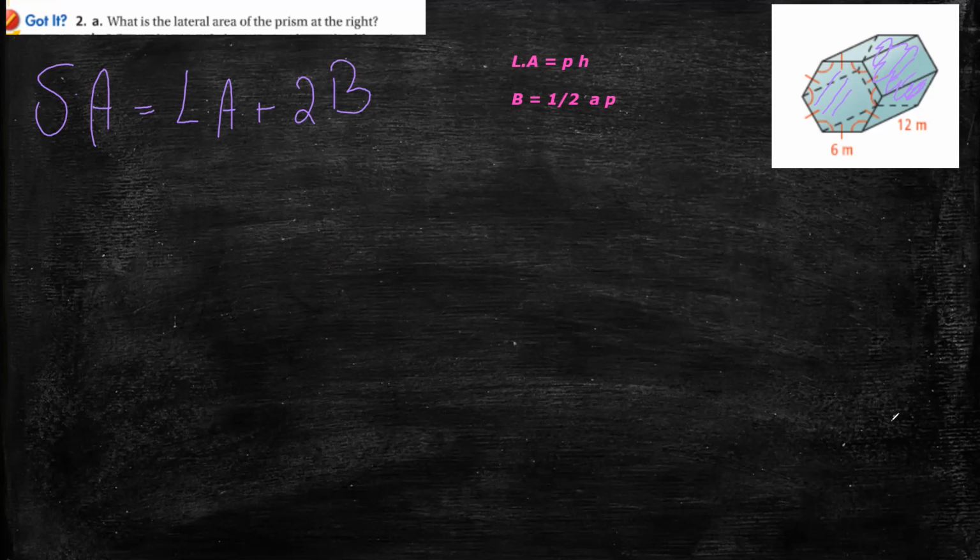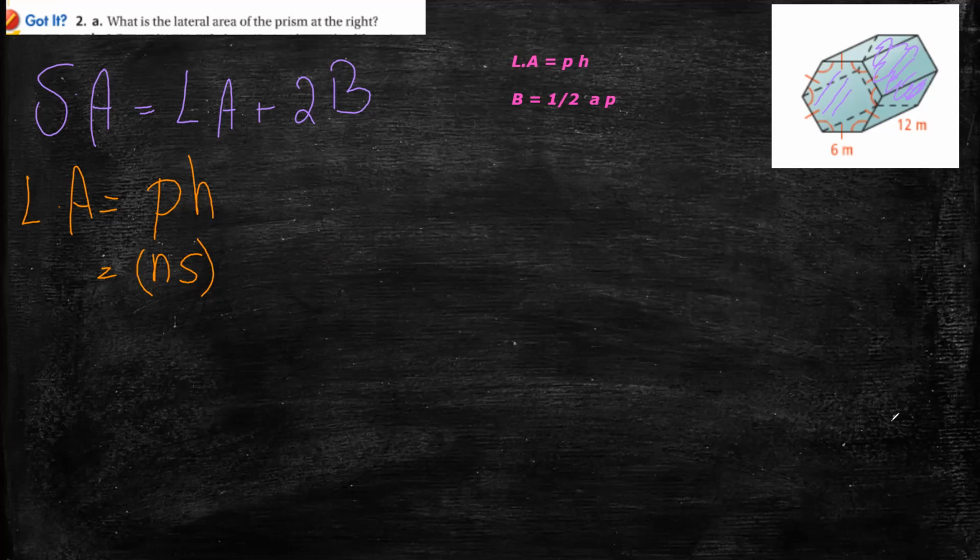Now, let's find the lateral area. Since it's a regular shape, we have 6 sides. The first step: the lateral area is the perimeter times h, so we need to find the perimeter. Look at this shape here. It is a regular hexagon, so the perimeter is n times s, where n is the number of sides and s is the length of each side, times the height.